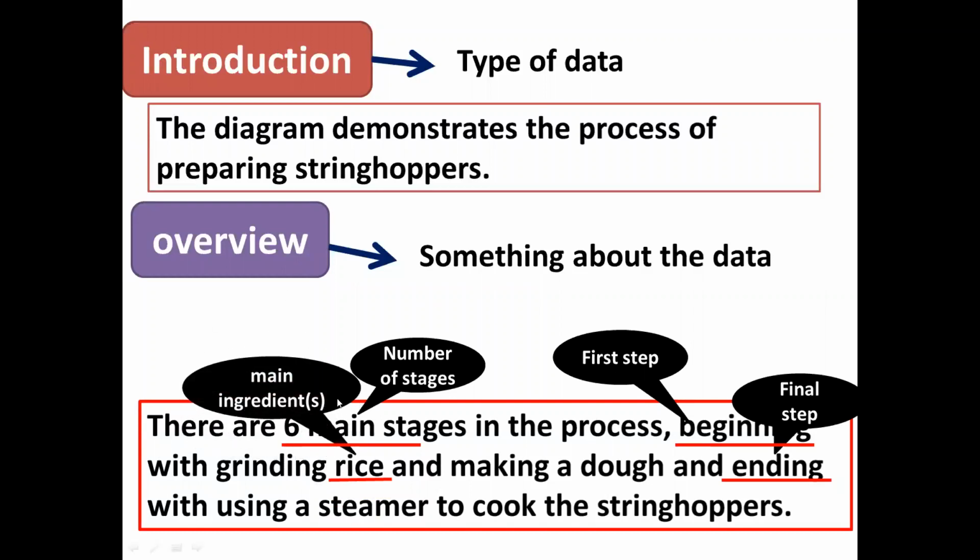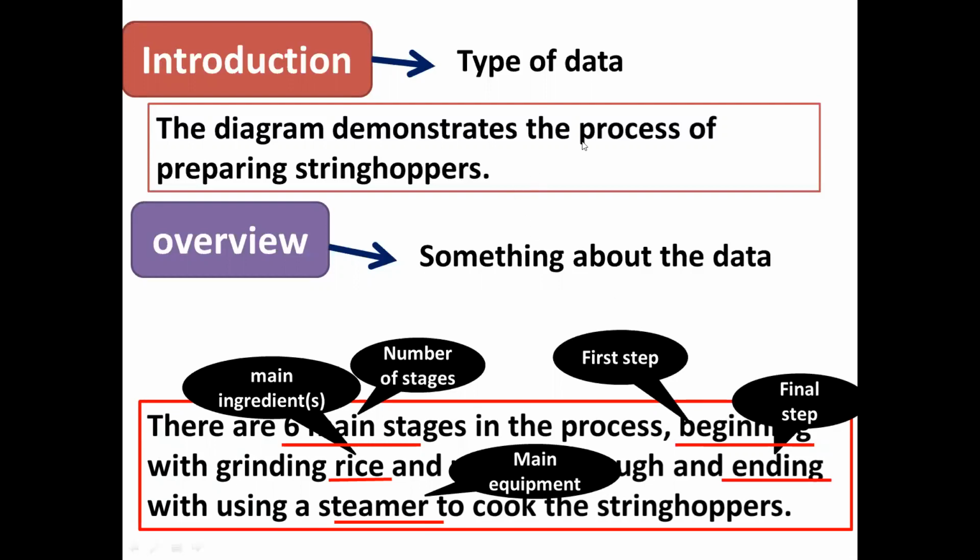Include the main ingredient or ingredients and the main equipment. So these are the things that your overview should include. But don't talk about the stages. Just talk about the beginning and the end. That gives you the overview. That gives a summary.